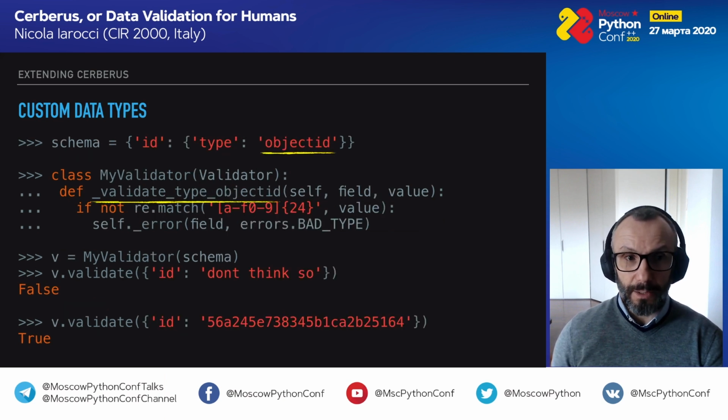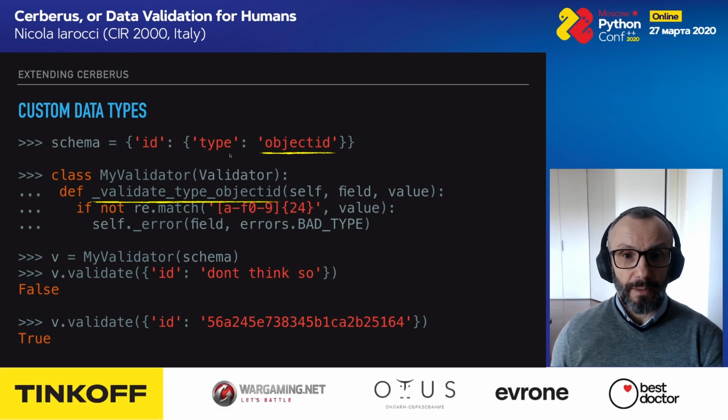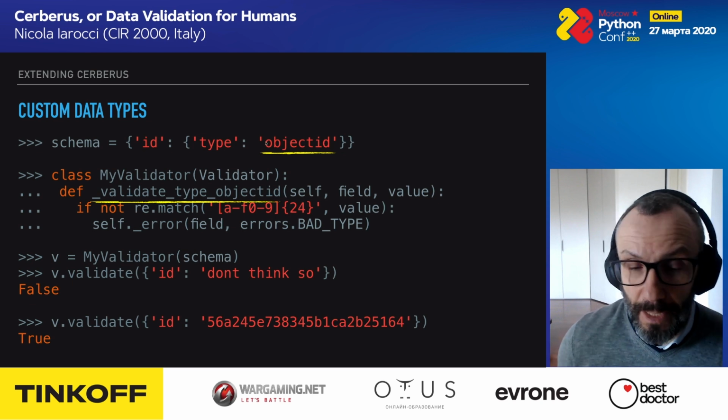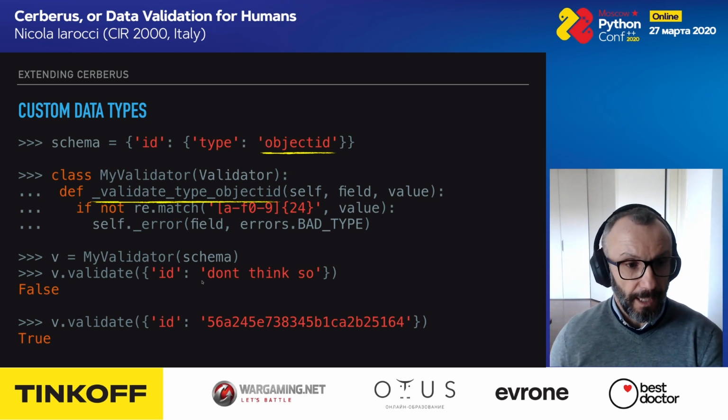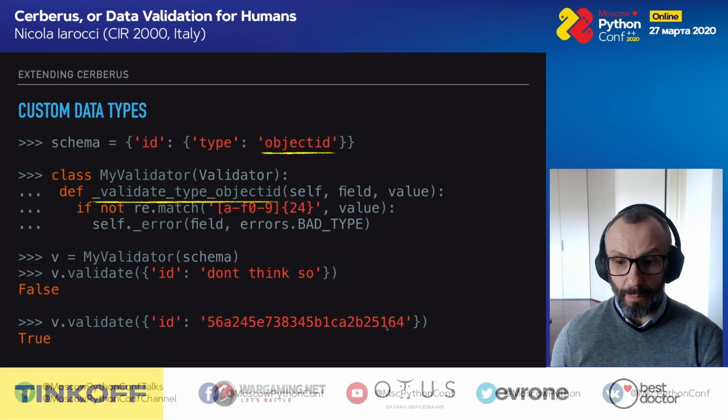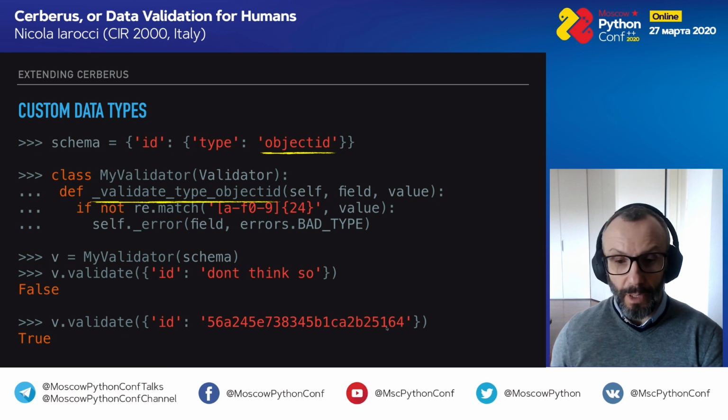We can build custom data types. Here an object ID is validated, it becomes a valid type, and we can validate again our documents and make sure that the ID field in this example is actually a valid object ID. Now, mind you, this example here is a little obsolete right now.